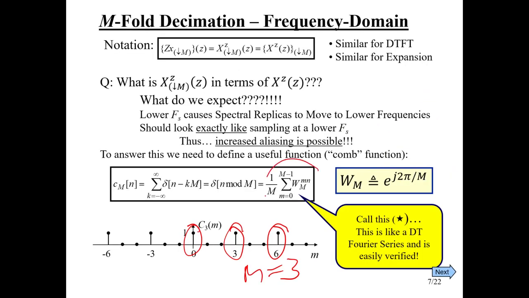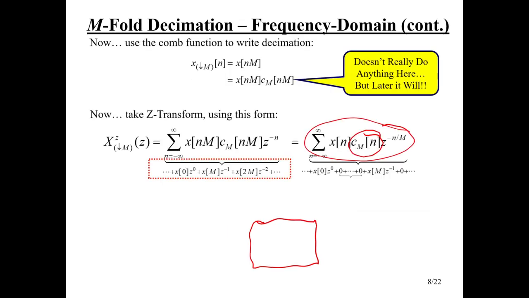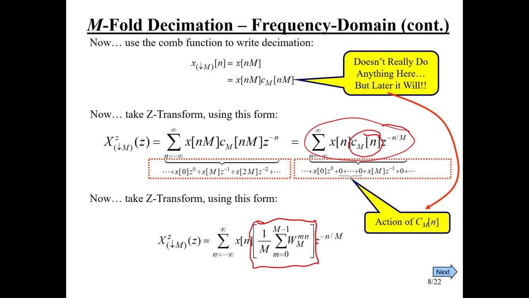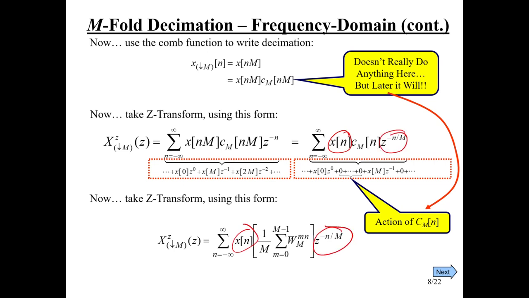So this was our Fourier series representation. It's a sum over m, but it's a function of n. So I'm going to plug that right in here. So there it is. And I've left this here, and I've left this here. Beautiful.